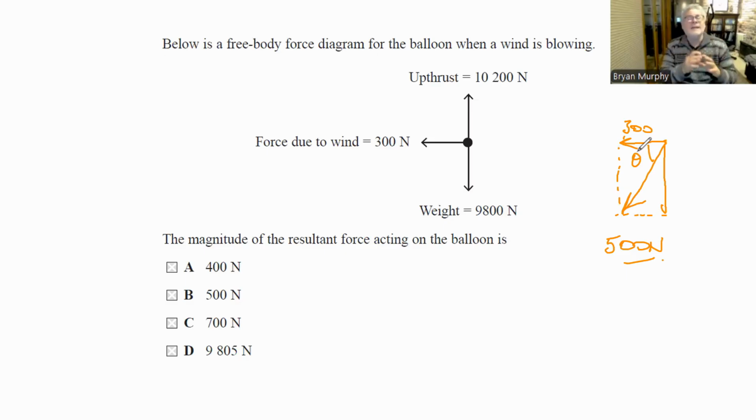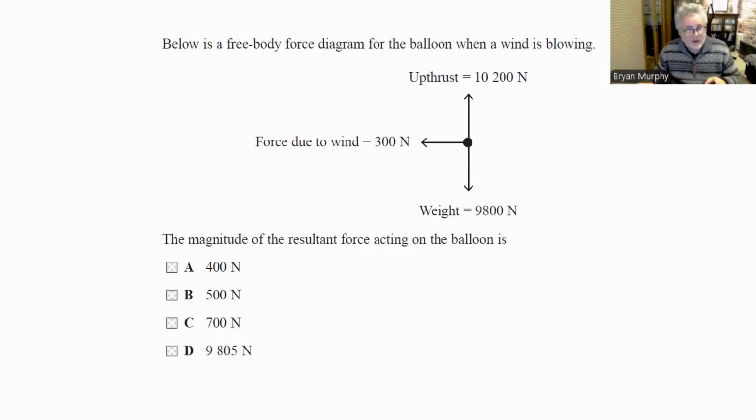You've got to work out what that angle is. Usually at the bottom of your page it says F equals newtons at an angle of degrees, so they tell you, but sometimes they don't, and you've got to be careful. For any vector quantity, you have to give both the magnitude and the direction.